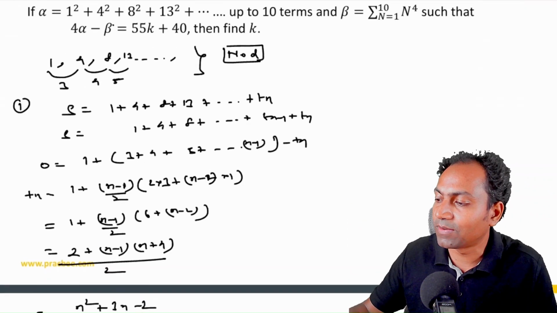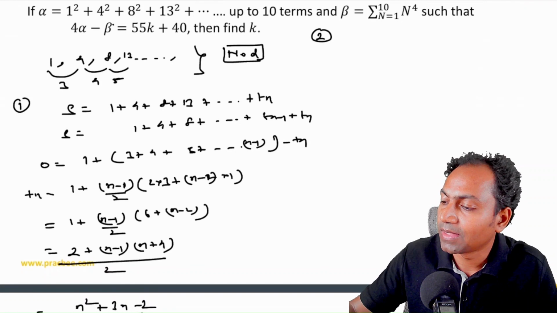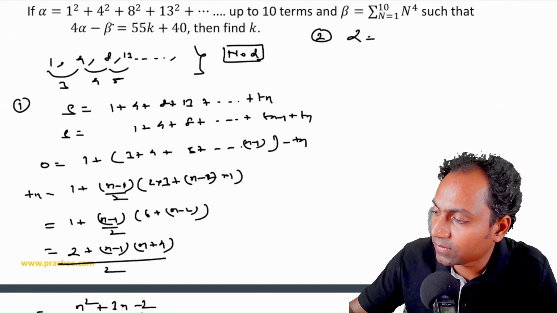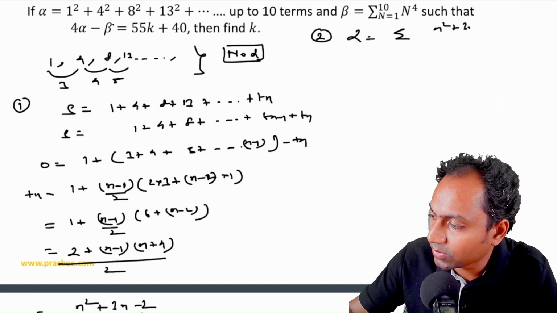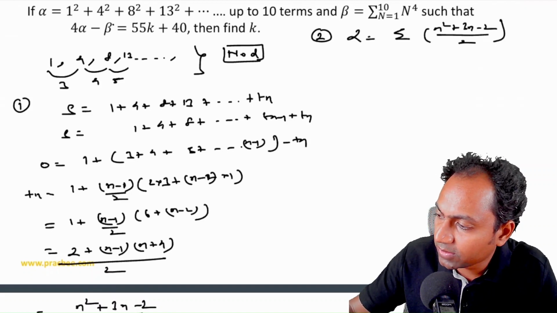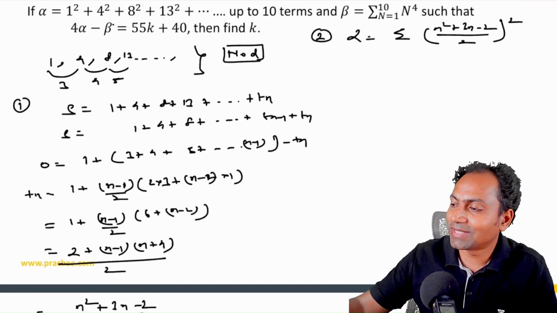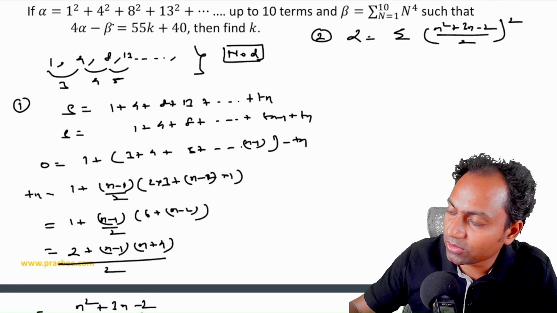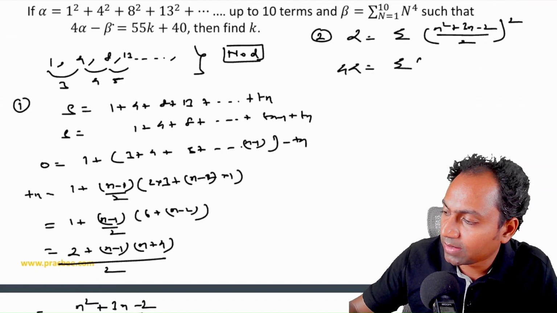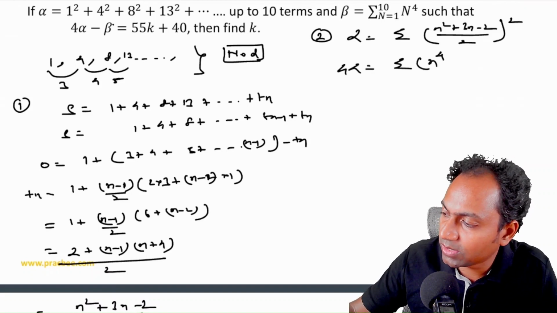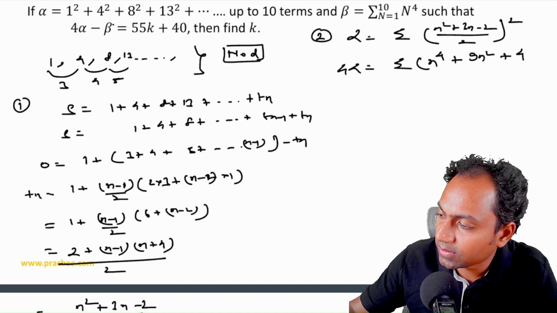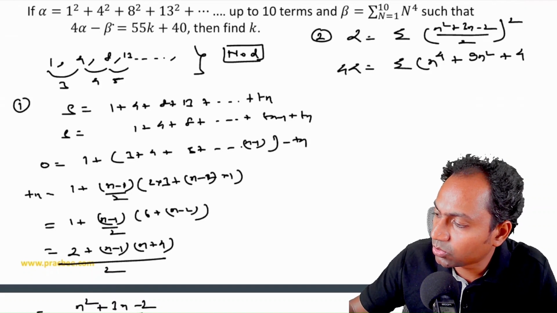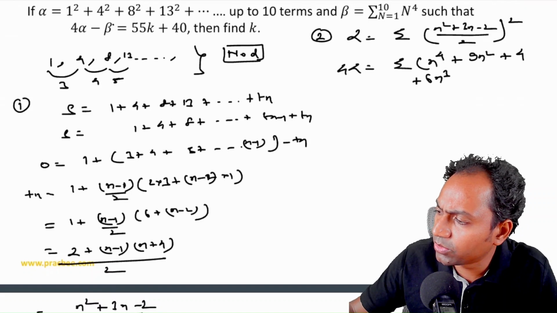Now the square will come and that will make this question extremely interesting. So now if I want to write the value of alpha, it is nothing but summation of tn whole square. So whatever we have got, that is n square plus 3n minus 2. This part is fine, but square of this. So you can see that there is a 2 square getting formed. We can take it on the other side. This becomes 4 alpha. And what will be left is nothing but square of this part. So a square plus b square plus c square. Then plus 2ab. So 2 into 3, 6n cube. Plus 2bc. So 2 into 3, 6.